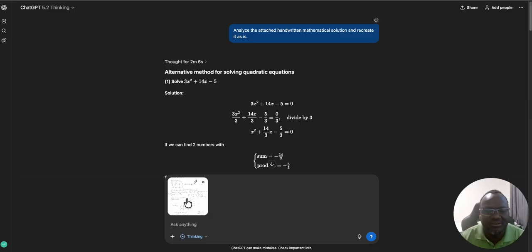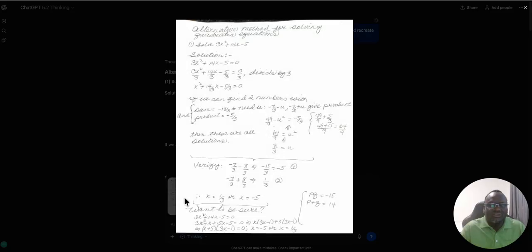I just want to show you how I recreated a quadratic equation that I solved by hand last year using the alternative method for solving quadratic equations. So this is the image. This is what I did last year.